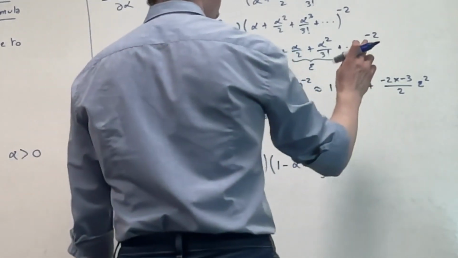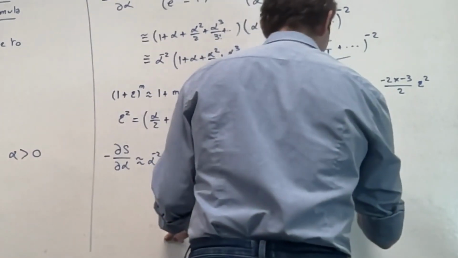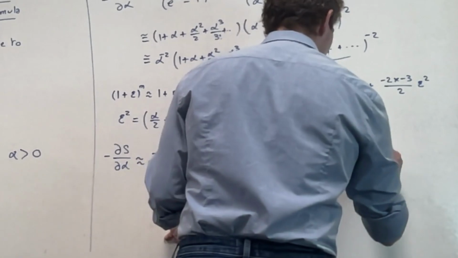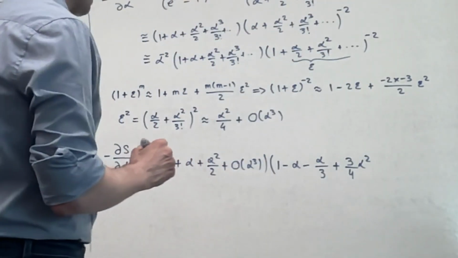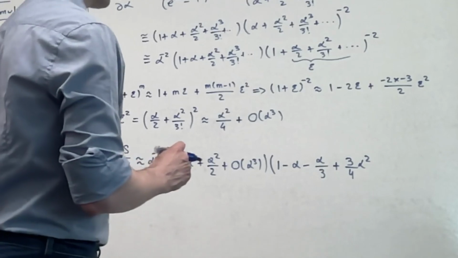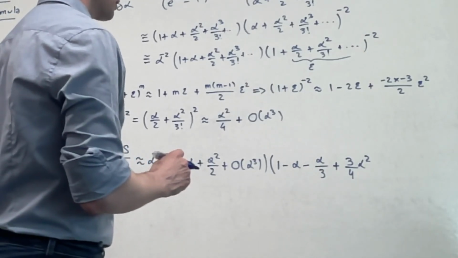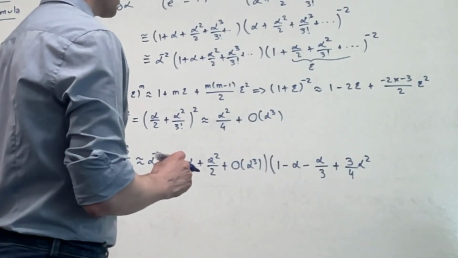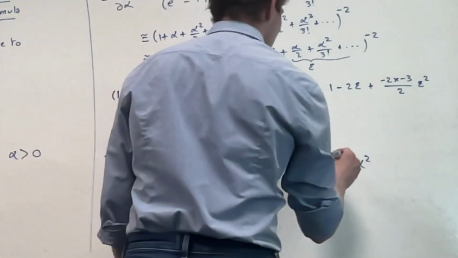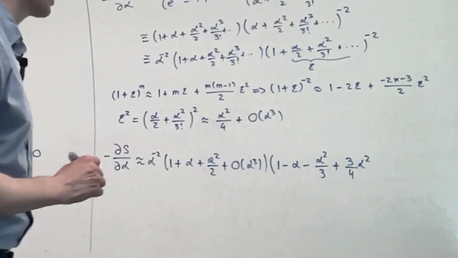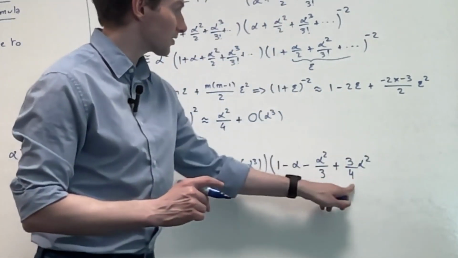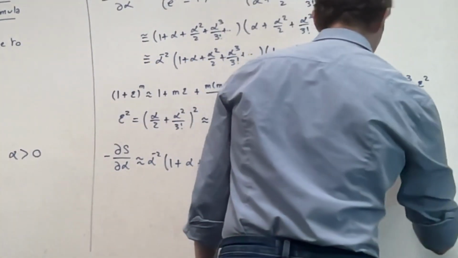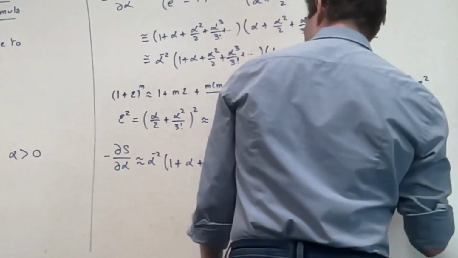And then I have plus what we said earlier, 3 over 4 alpha squared. Just trying to see that I'm not messing around. Yes, I'm messing around. This is a squared here as well. And this thing here is this term, 3/4 of alpha squared, so plus O of alpha cubed. Okay?